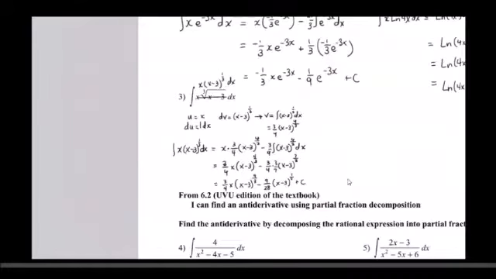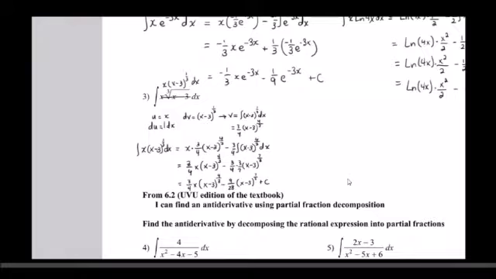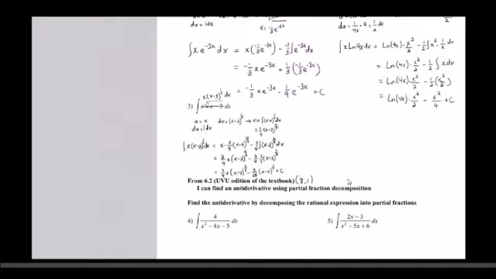All right. Now we're calling this one 6.2. However, in the 10th edition of the UVU edition of our textbook, in the appendix, it's really labeled as section 8.1. And it didn't really introduce a new technique of integration.